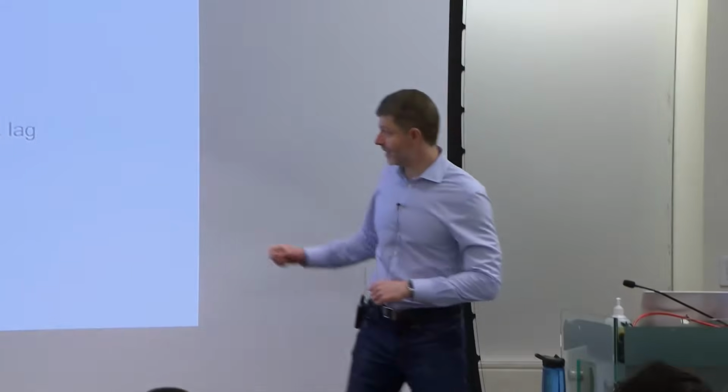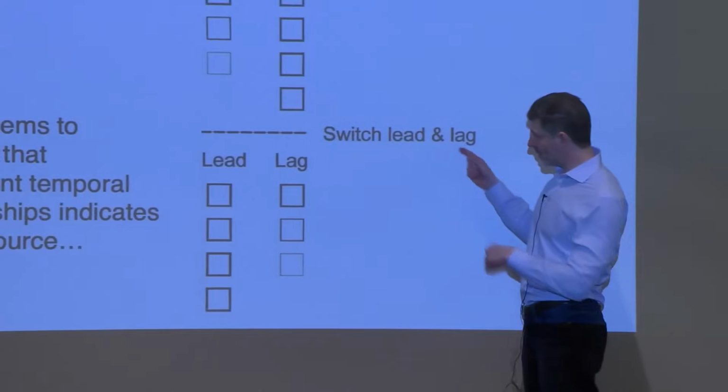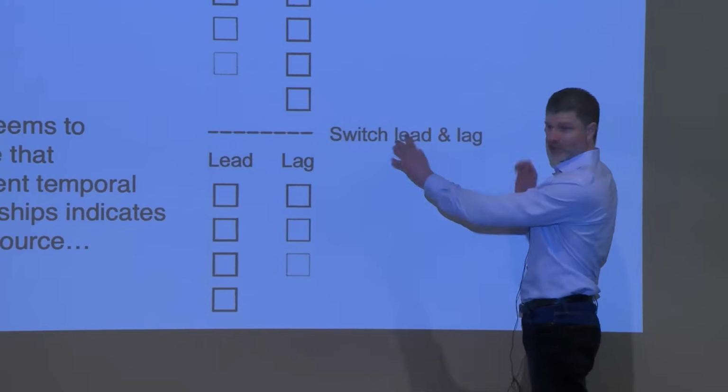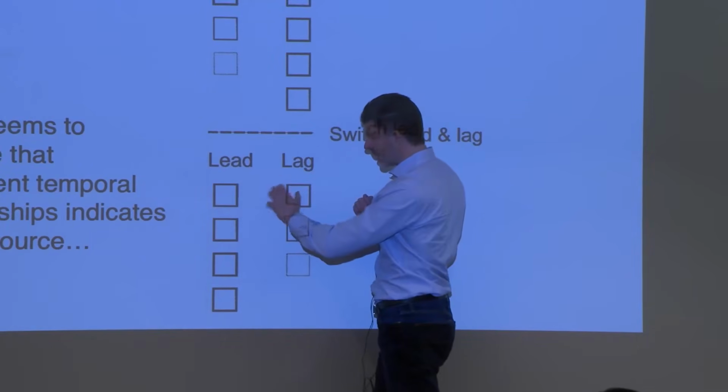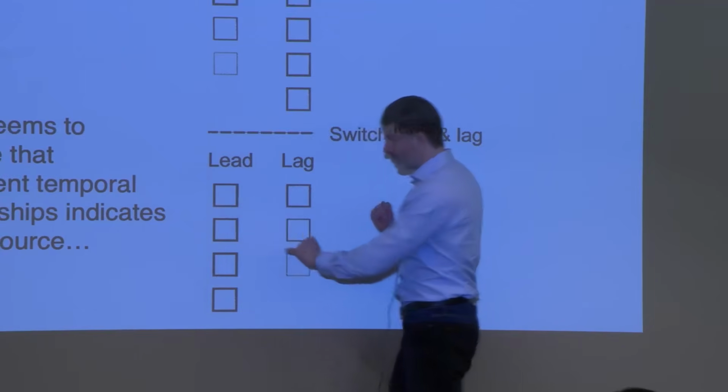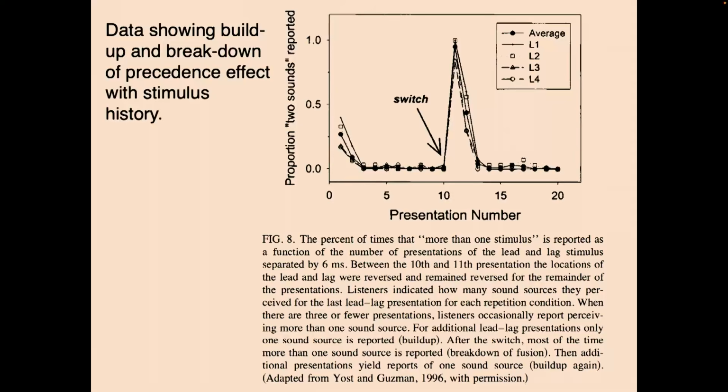Then what an experimenter can do is switch the order. Now the leading click is on the left and the lagging is on the right, and you now hear both of them, and then it builds up again. Here's a graph that shows that effect. It plots the proportion of trials on which you report hearing two sounds, against the presentation number.